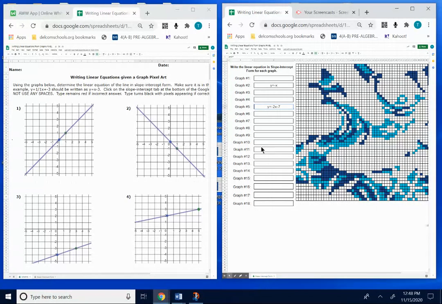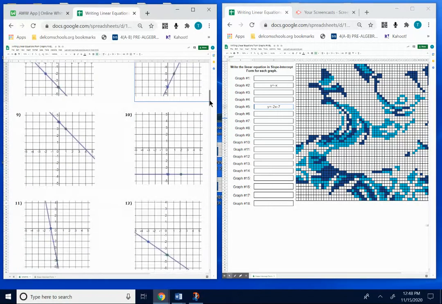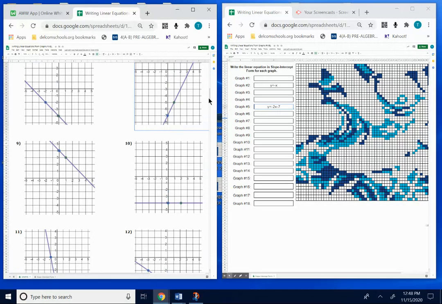Okay, I only get a certain amount of time for YouTube videos, so I'm going to just go ahead and tell you that problem 10, the answer to it is y equals negative 4. As a 7th grader, you don't have to worry about horizontal lines yet. So number 10 is y equals negative 4. Type that in, click enter.